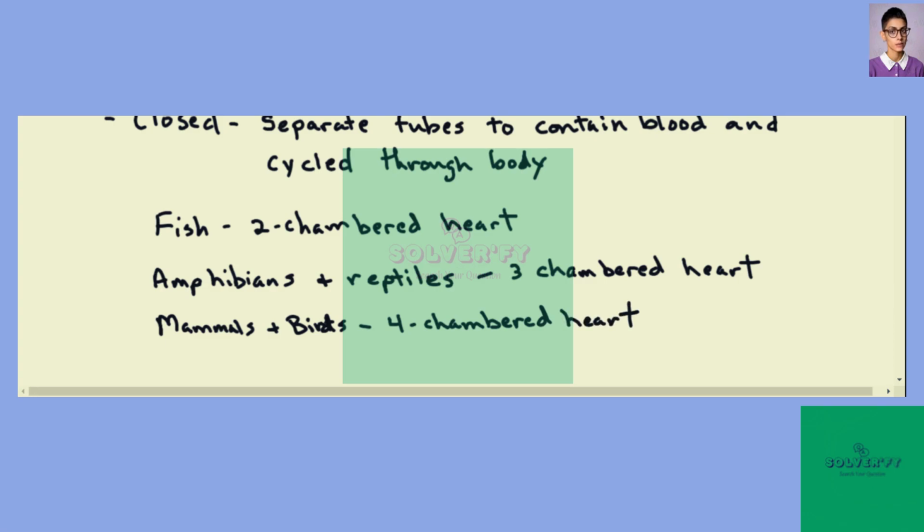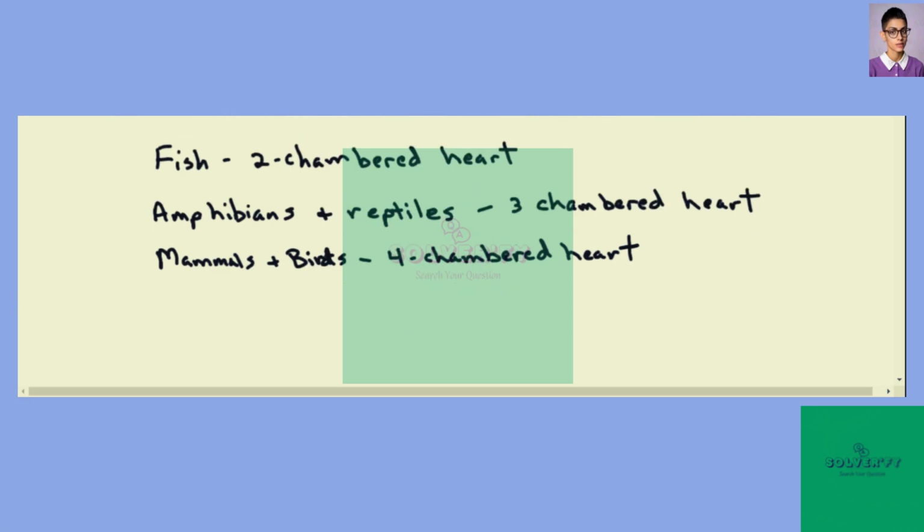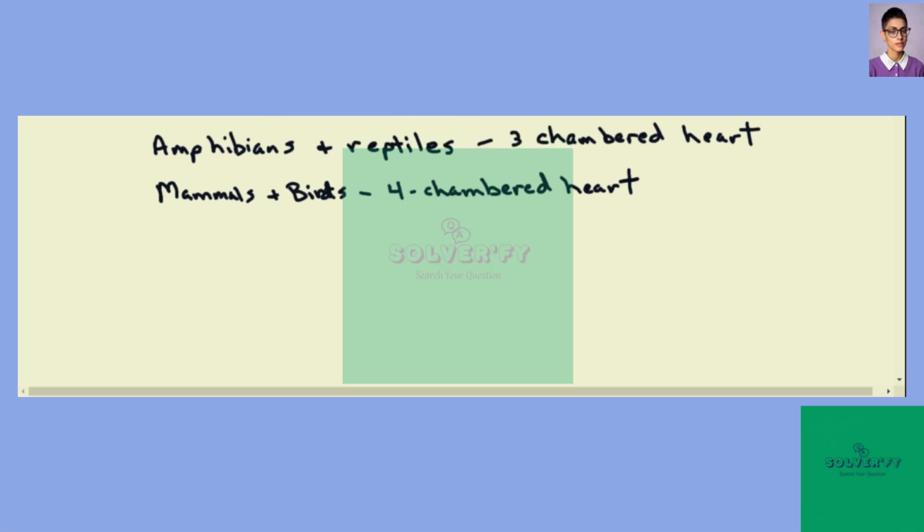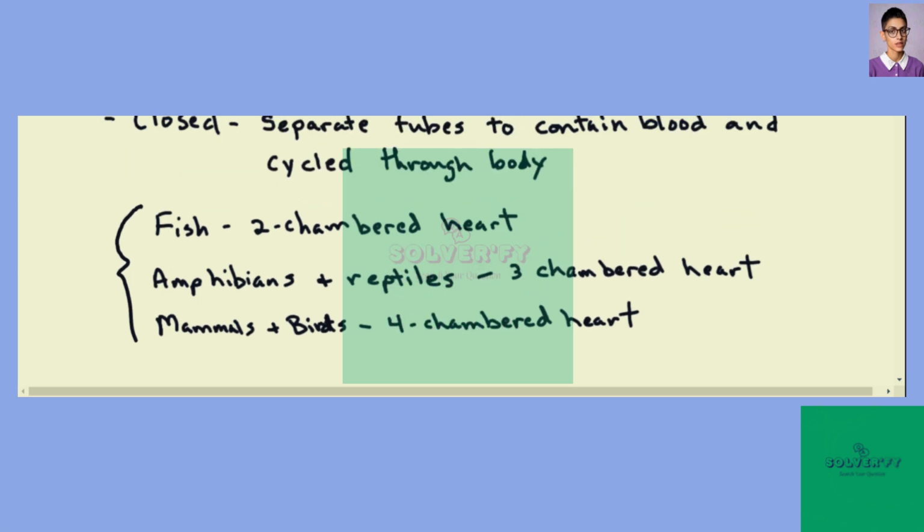All right, so let's look at this question and see which answer is going to sum these things up for us. The whole idea about the difference between open and closed, and then the organisms and their different chambered hearts. Looking through the answers, it looks like letter A has a problem because it says a closed circulatory system is a system where the blood mixes with the interstitial fluid.